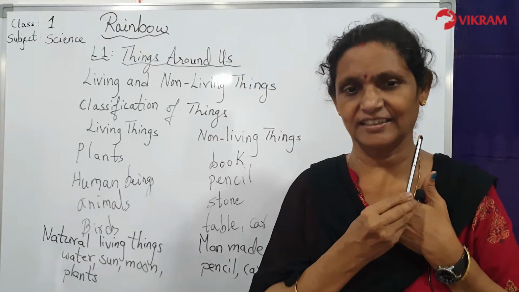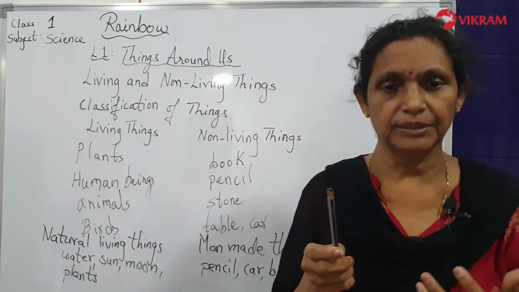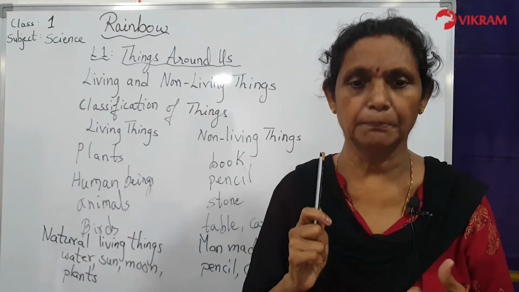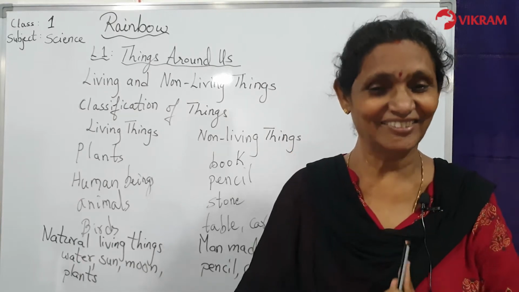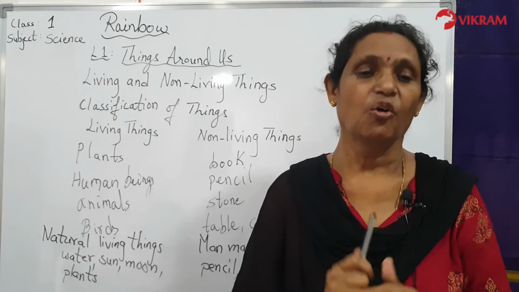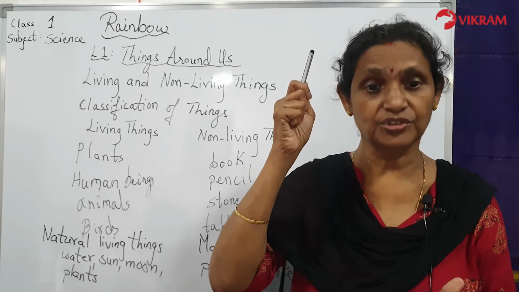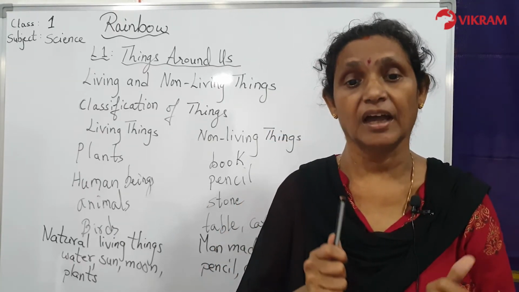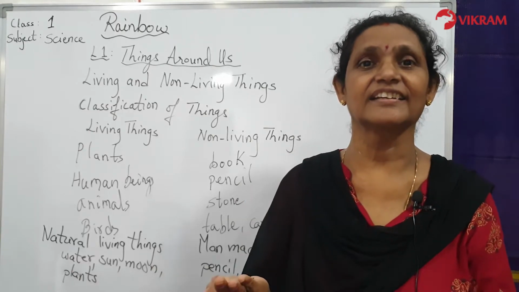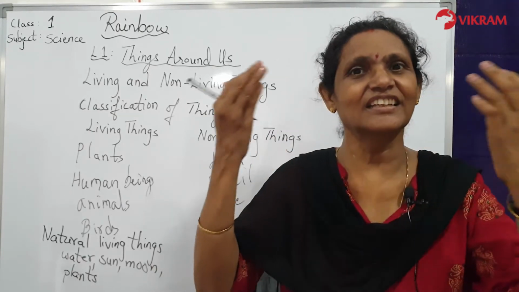Yes, you understood it correctly. Man, woman, plant, animal, bird and insects are, yes, living things. Got it. Water, air, clouds, rocks, mountains, hills are all natural things, yes, which you see in nature.